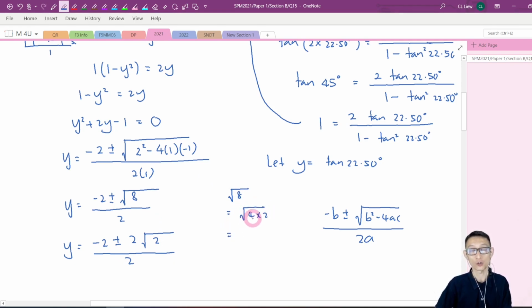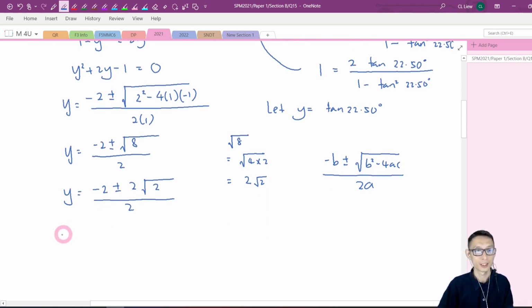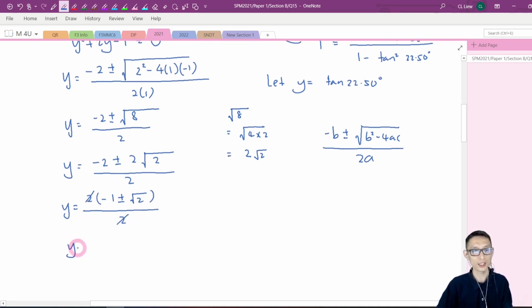The square root of 4 is equal to 2, and we are left with 2 inside the square root sign. Or you can just press your calculator. Now I'm going to do some factorization here. Cancel out the 2. Eventually, I will be left with this.